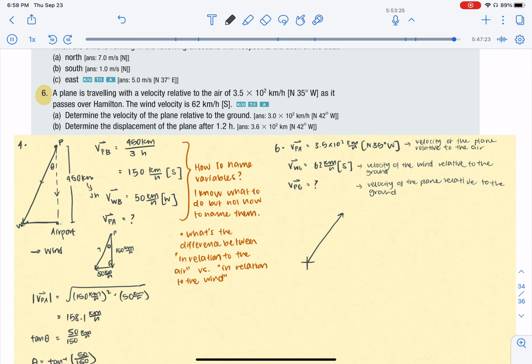Make sure when you're doing this one, you don't deceive yourself. As I walk around, I see that not everybody has the same picture. When you have the picture for this one, the first vector is northeast, like 230 northeast. So go somewhere in that direction. That would be the velocity of the plane relative to the air.